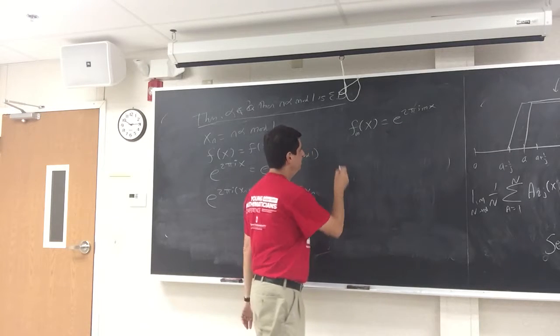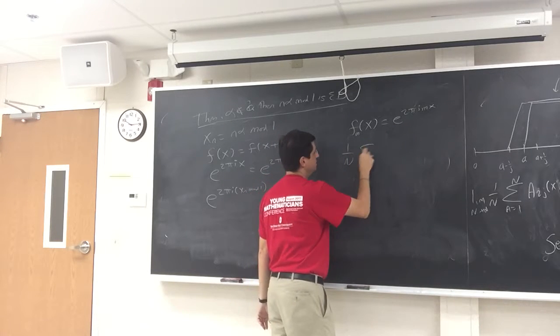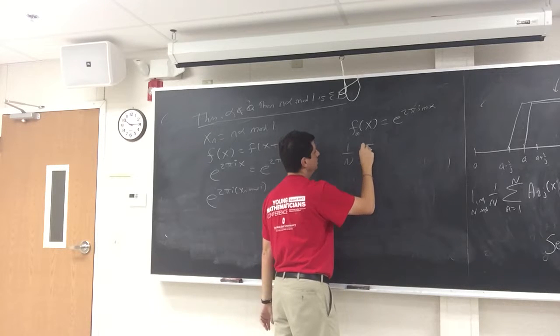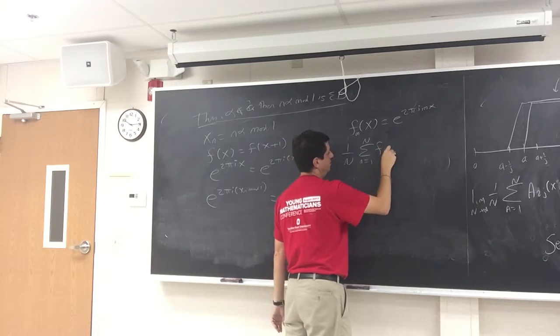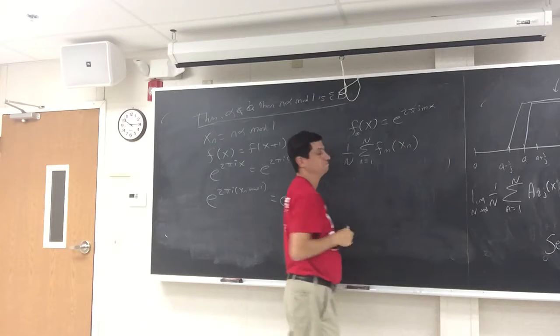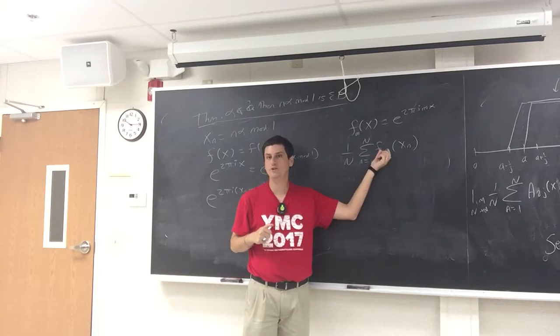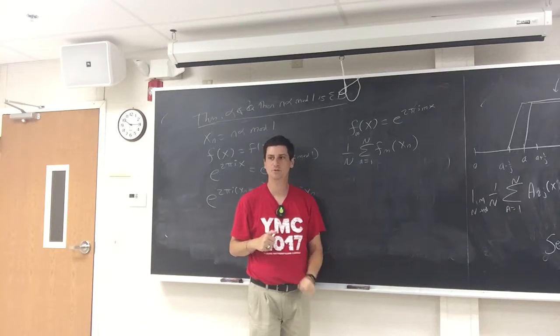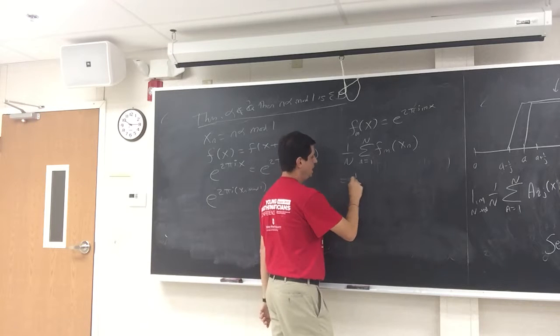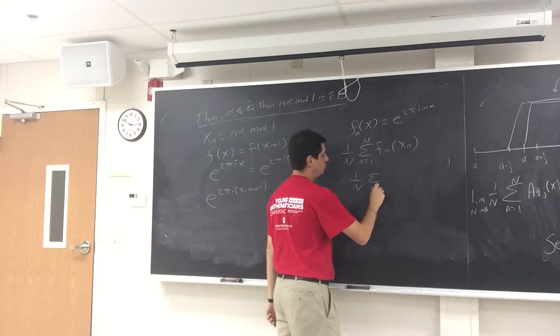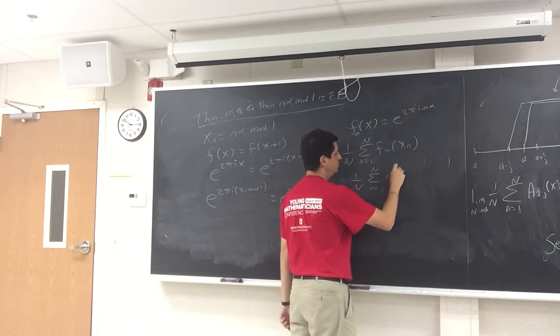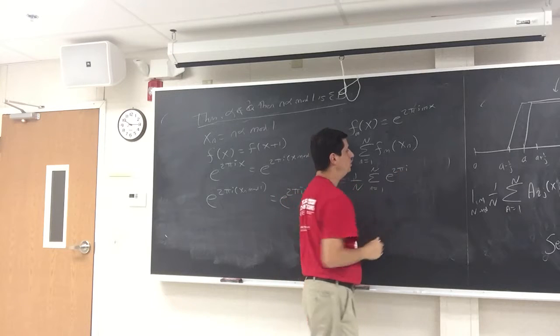So let's see what would happen if we looked at 1 over N, the sum, n goes from 1 to N of f_m of x_n. And again, we don't want to use f_m, we want to use either I, a_1j, or a_2j, but let's see what happens if we use this. This is the same as 1 over N, the sum n goes from 1 to N of e to the 2 pi i m, and what does x_n equal?